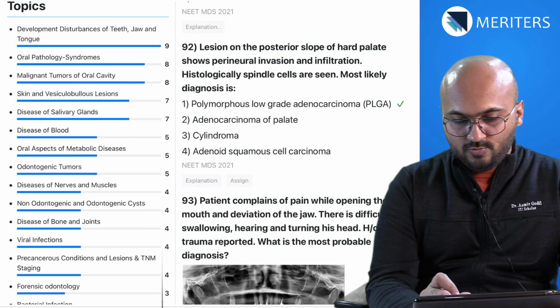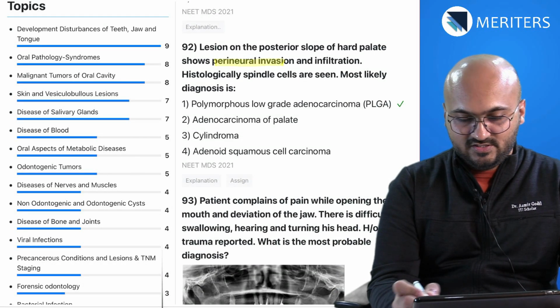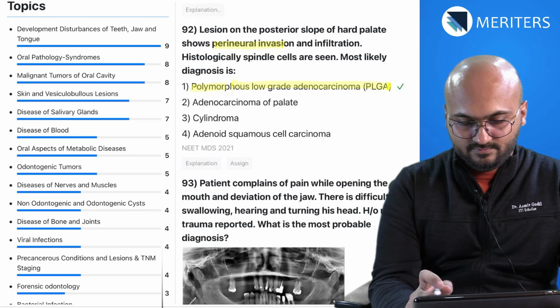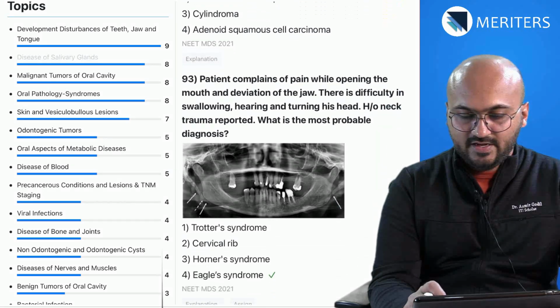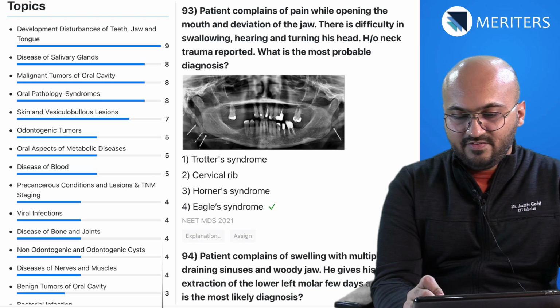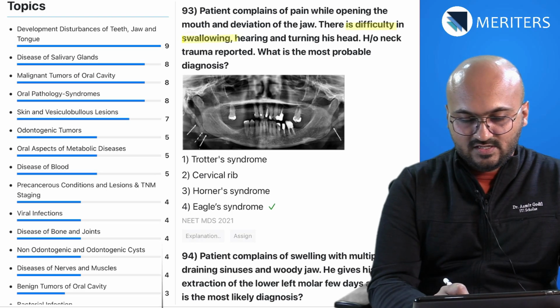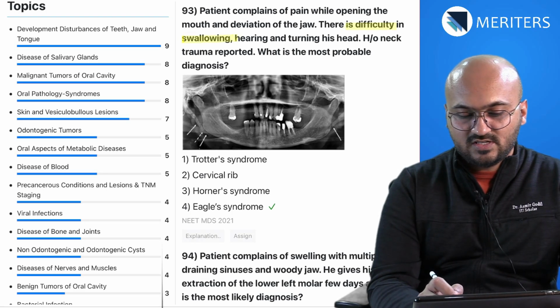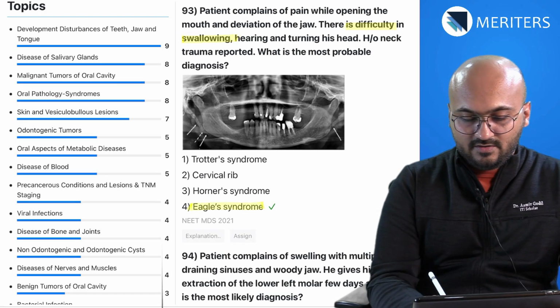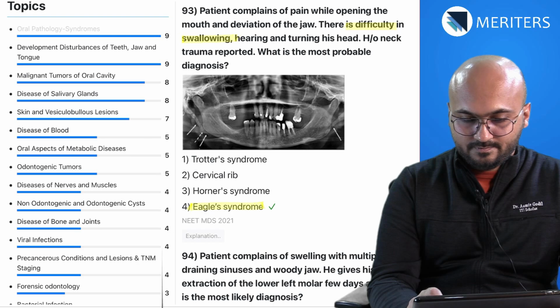Lesion on the posterior slope of hard palate shows perineural invasion. That's PLGA. Salivary glands. Okay, then you have this patient with difficulty in mouth opening. You can see they have pointed the arrows on the stylohyoid. This is calcification of the ligament, and that's Eagle's syndrome.